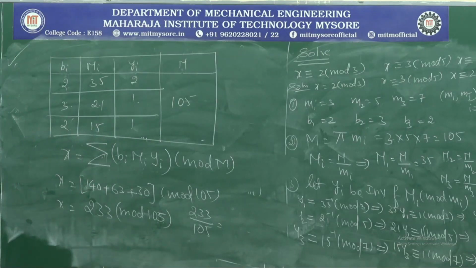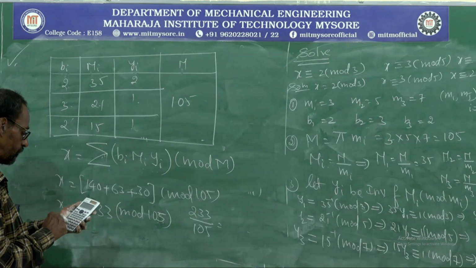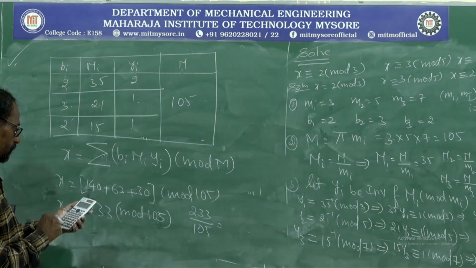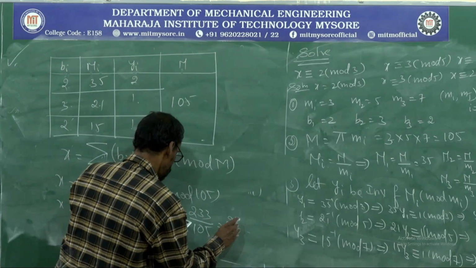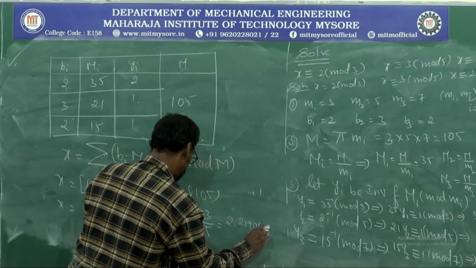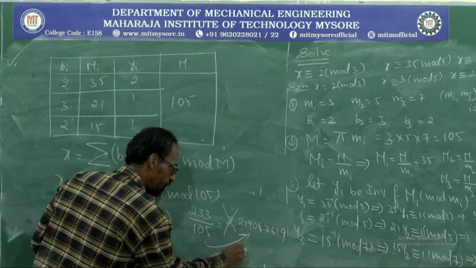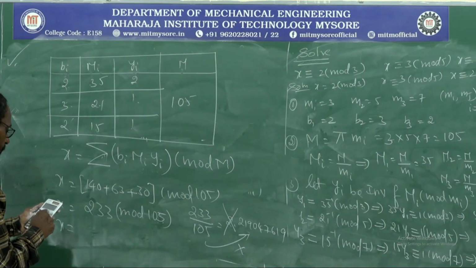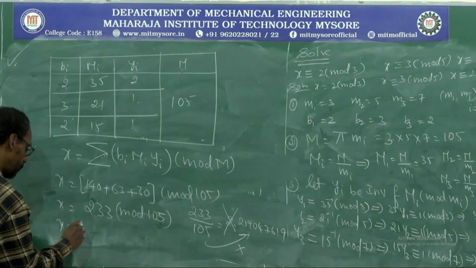Simple mathematics using a calculator, 233 divided by 105 equals 2.219047619. Get rid of the integral part, just multiply the decimal by 105, and you will get the required answer. x is equal to 23, modulo 105.